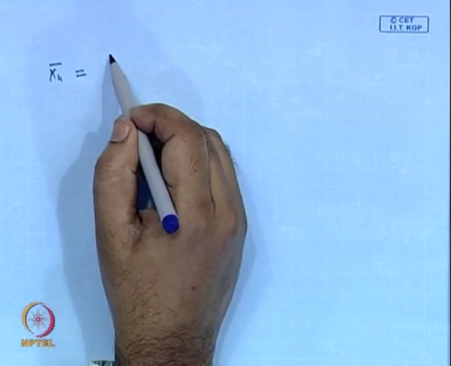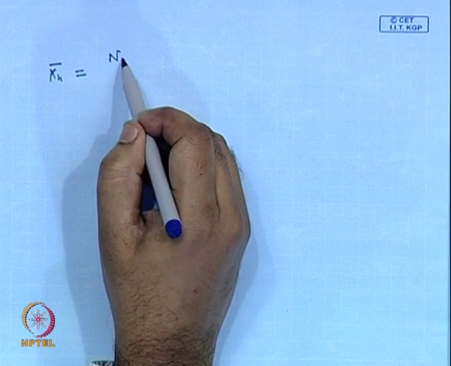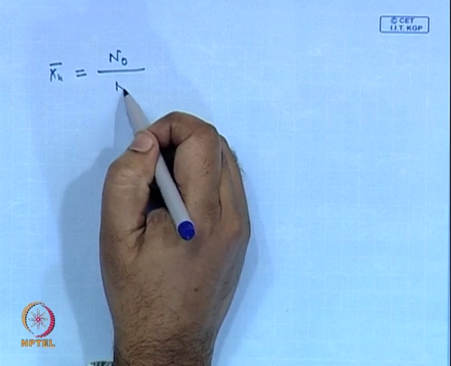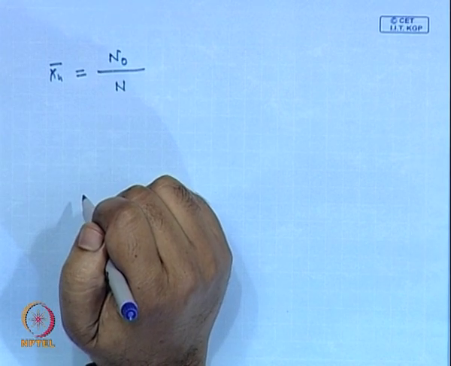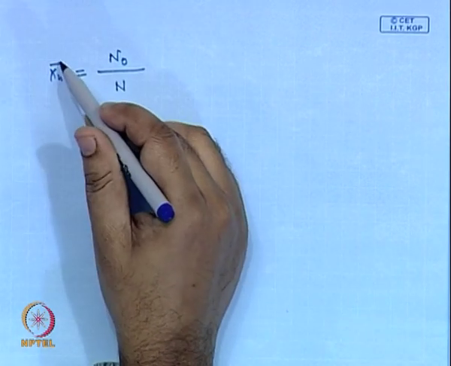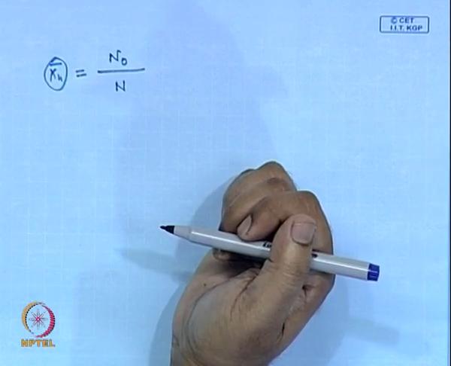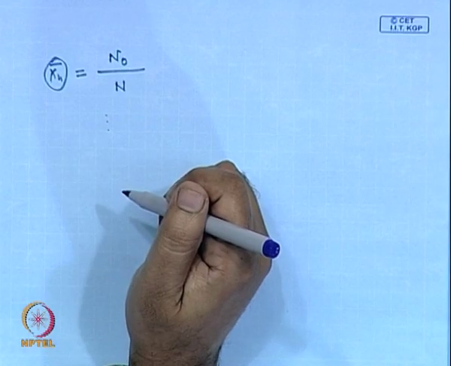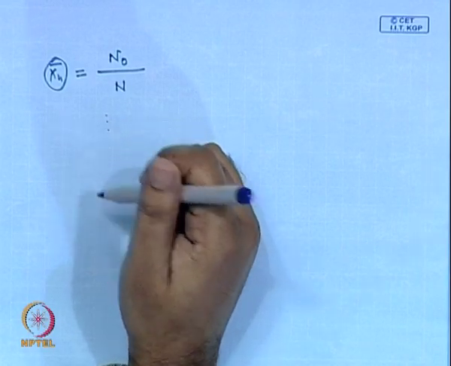Remember, it is the number of molecules at the beginning and the number of molecules at the end, which will give you the average degree of polymerization. Okay. So, we will continue the quantification in the next lecture.